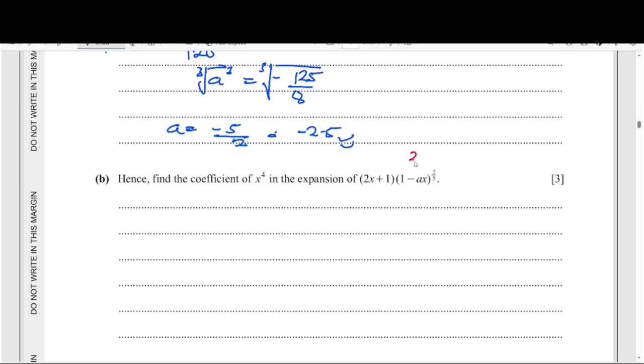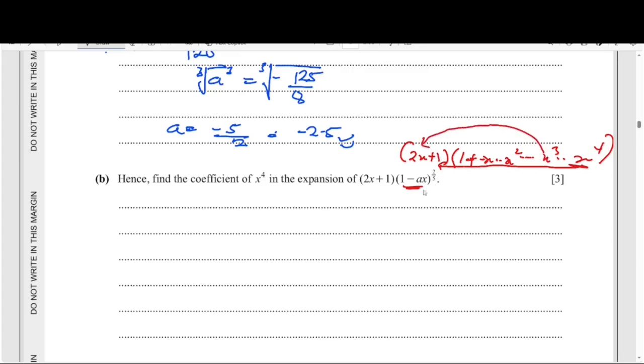So let me write 2x + 1 here. And let's assume the expansion of the second binomial is 1, and then something x, something else x squared, something else x cubed, something else x^4, right? We need to find out what we need to multiply to produce x^4. We need the x^4 term in the second expansion to multiply 1, and to get another x^4, we also need the x cubed term to multiply the 2x.